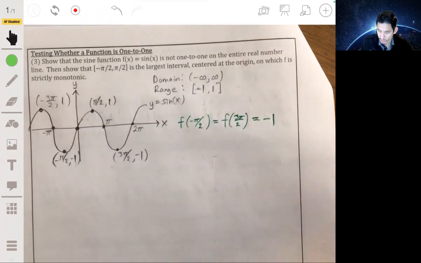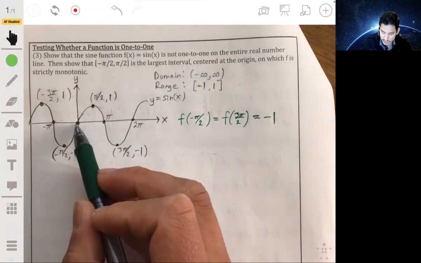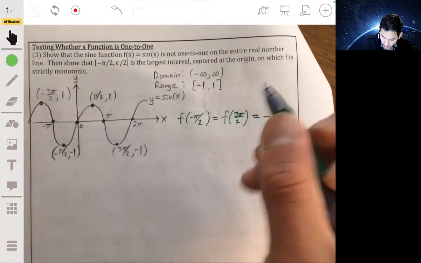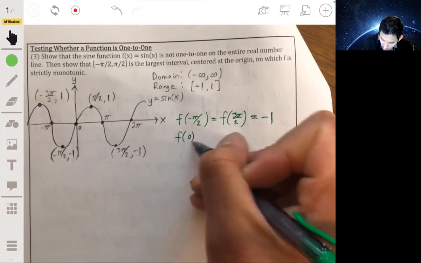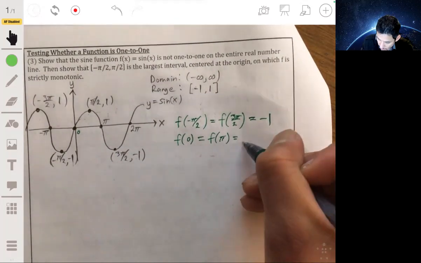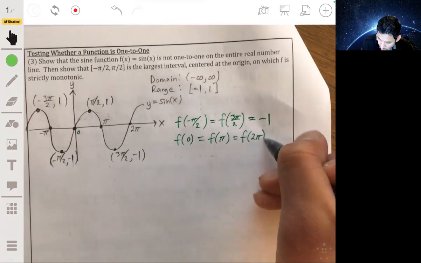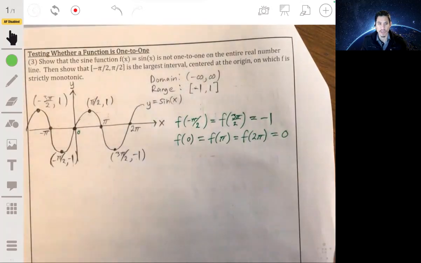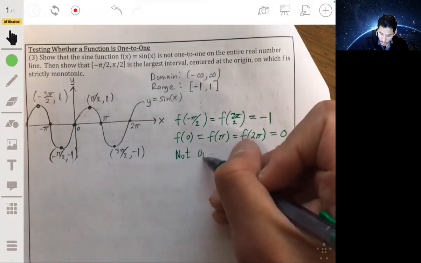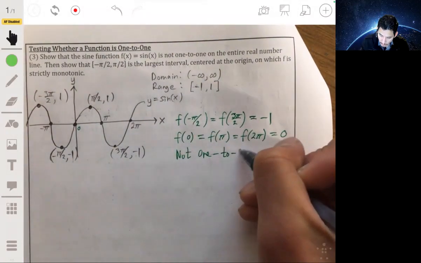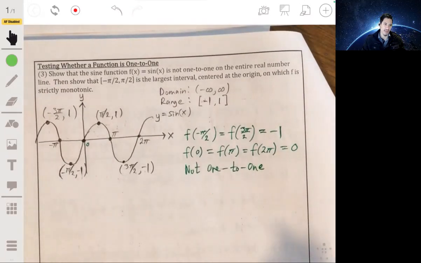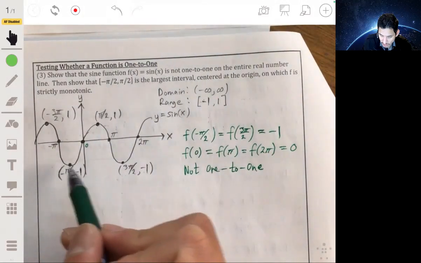We can show there are many points here: 0, pi, 2 pi. f of 0 equals f of pi equals f of 2 pi equals 0. So again, this is not one-to-one. And again, remember the horizontal line test? Maybe think of it that way.